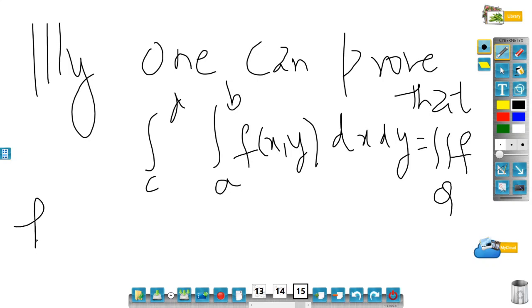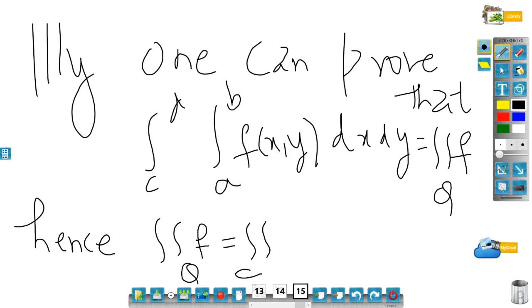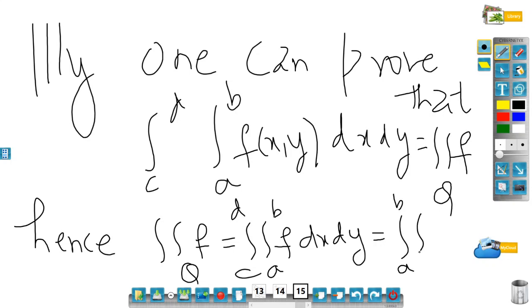Hence, we can say that the double integral over Q of f is the same as the iterated integral c to d a to b f dx dy, which is the same as a to b c to d f dy dx, which completes Fubini's theorem. Thank you.